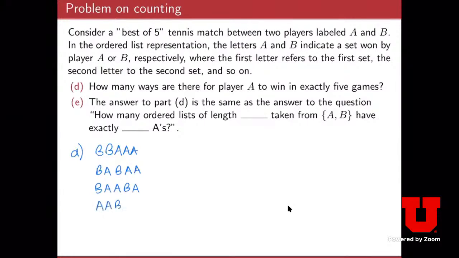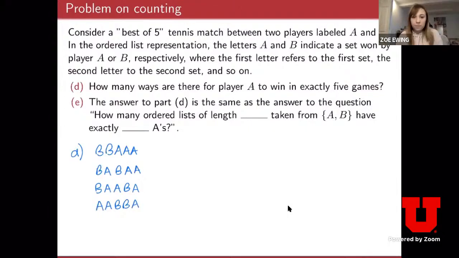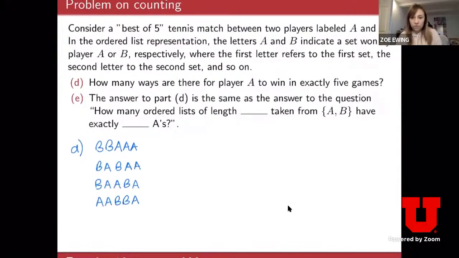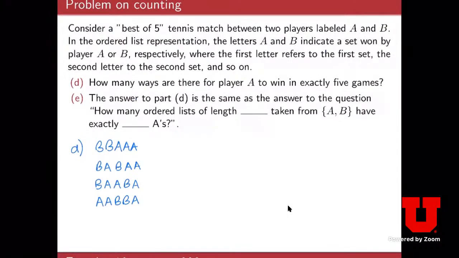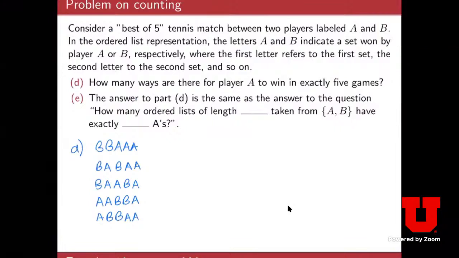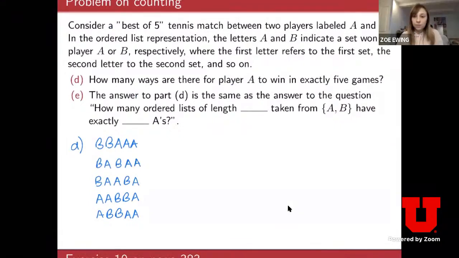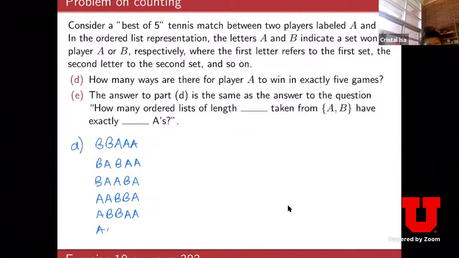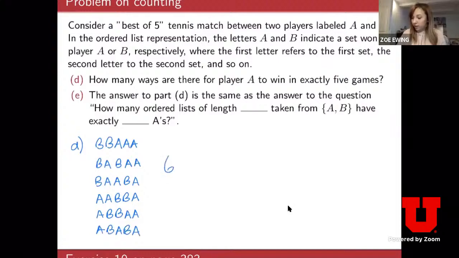A, B, B, A. Can we do also ABBAAA? A, B, B, just 2 A's after, but yeah. ABABA. Yep. So that is all of them. We end up with 6 of them.